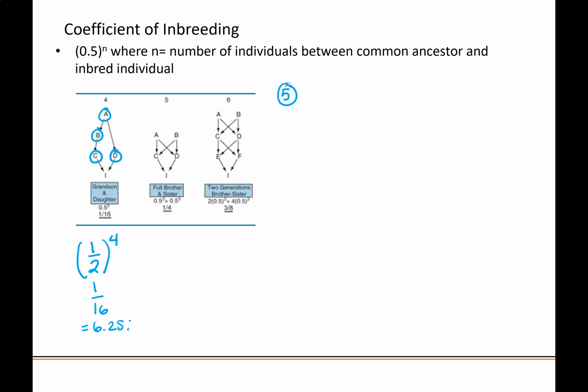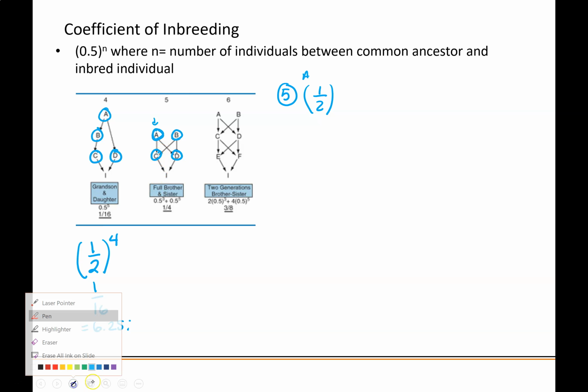Question 5, we've got full brother and sister. So we've got 1/2, and we've got 2 common ancestors here. If we go on side A, we've got 1, 2, 3, or if I draw it the other way, we've got 1, 2, 3, 1/2 to the 3.